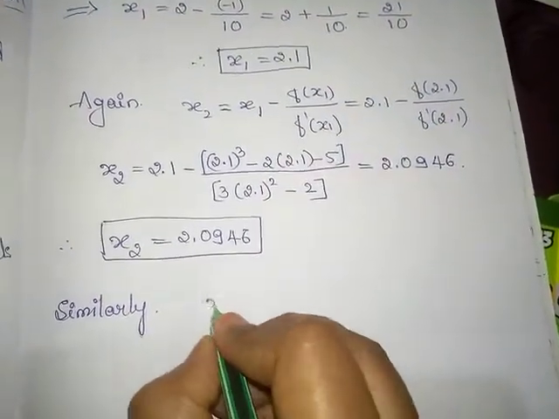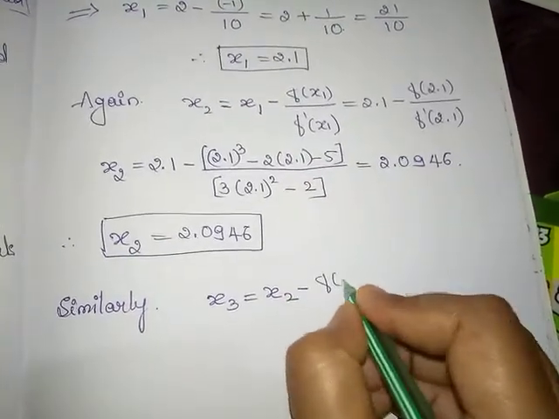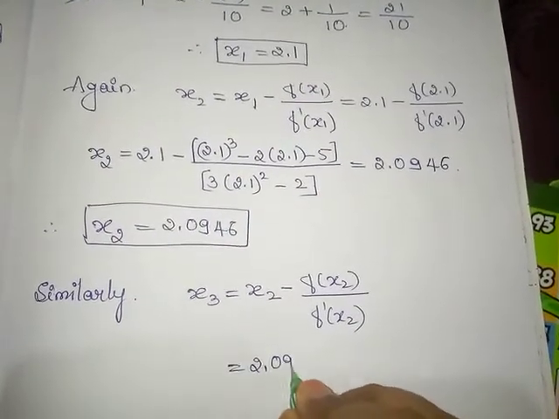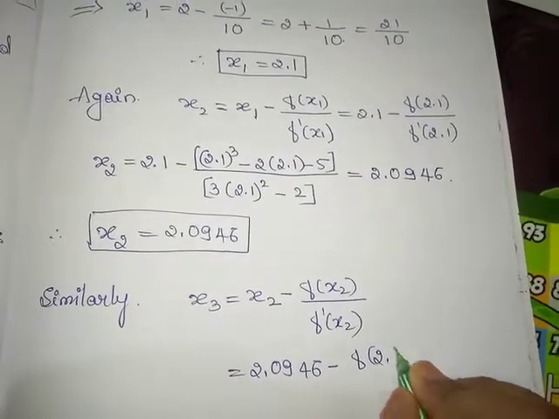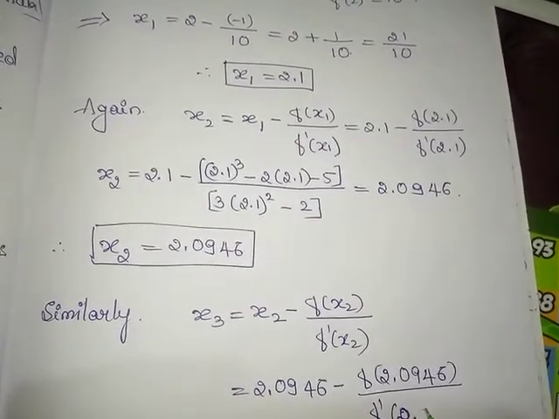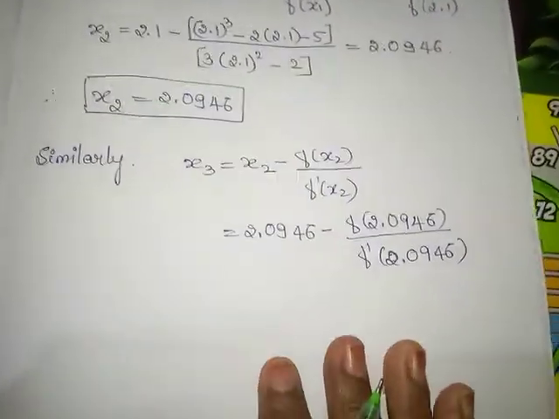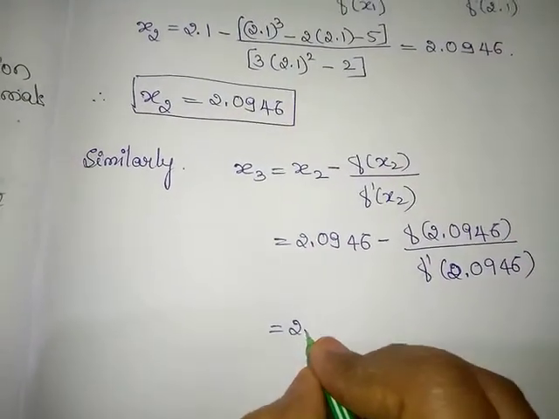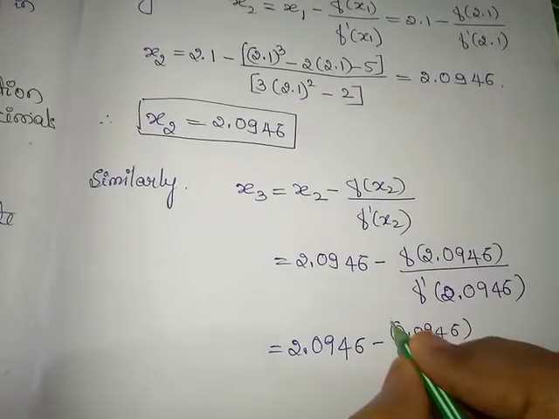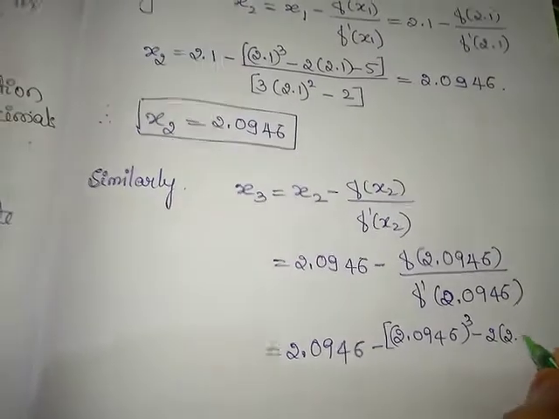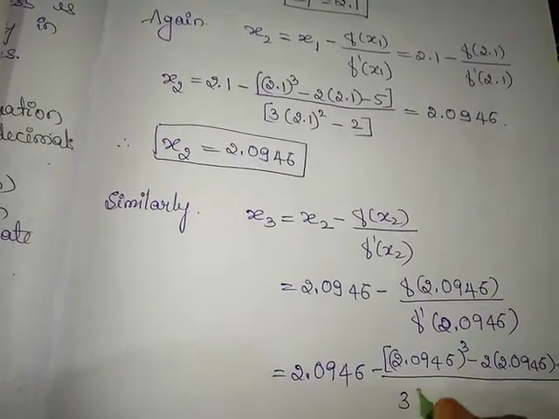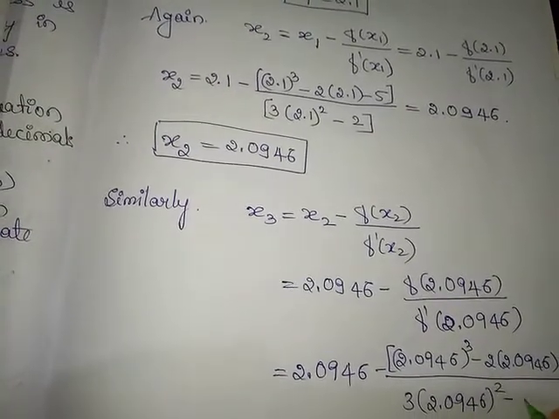We get the third approximation, that is x3 is equal to x2 minus f of x2 divided by f dash of x2, which is equal to 2.0946 minus f of 2.0946 divided by f dash of 2.0946, which is equal to 2.0946 minus 2.0946 whole cube minus 2 into 2.0946 minus 5, whole divided by 3 into 2.0946 whole square minus 2.